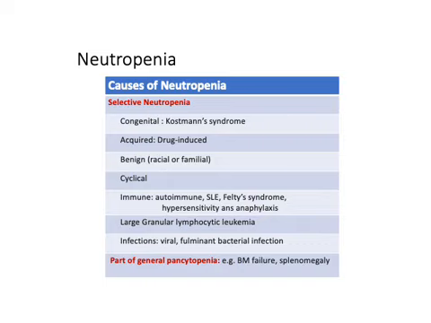The more common ones are usually drug-induced, especially by anti-thyroid drugs or anticonvulsant drugs, or it could be secondary to immune diseases, like for example SLE, Felty's syndrome, or hypersensitivity and anaphylaxis. And also, as mentioned, neutropenia may be part of a bone marrow failure or secondary to increased splenic sequestration.